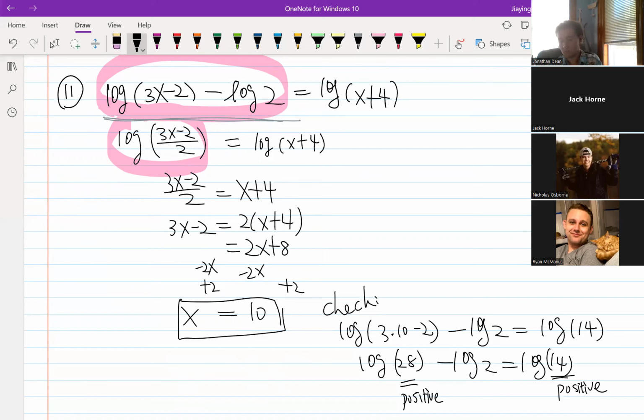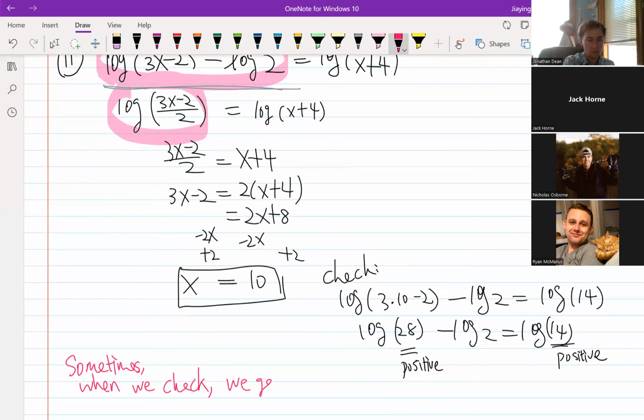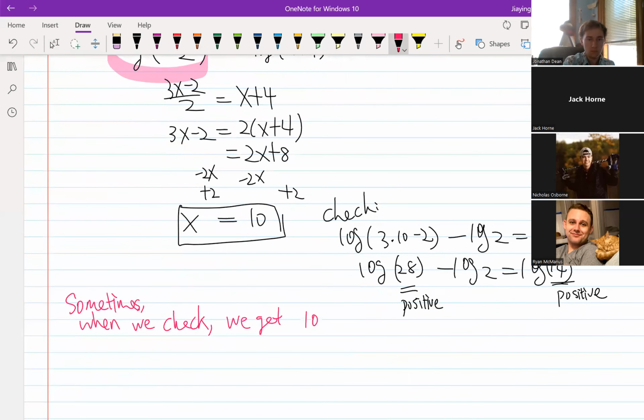Now, I just want to point out that sometimes when we check, we get log of a negative number. So when we take the x value we put into the equation, we get a negative number inside the log. That's a problem.